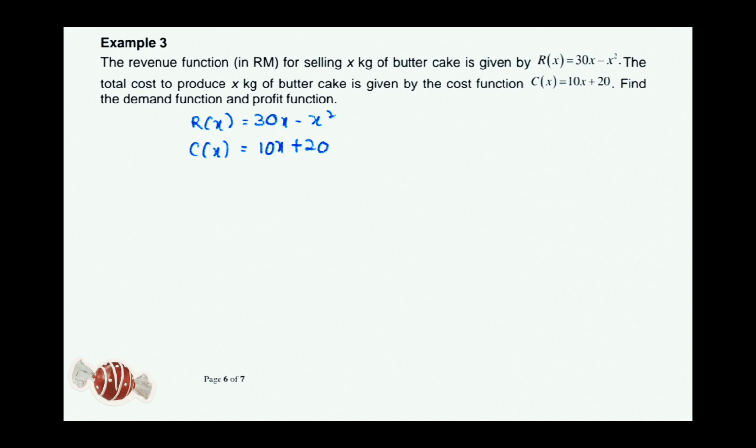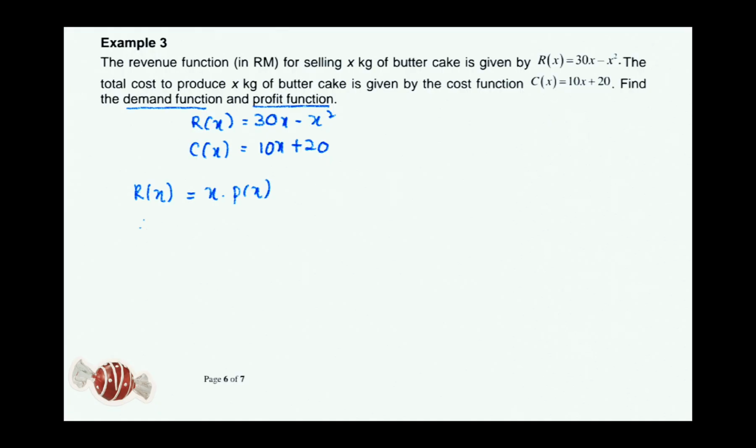So we have two questions here. The first one is to find the demand function, and next we have to find the profit function. First we find the demand function. How to find the demand function? We know that the revenue R of X is given by X, the quantity, times P of X, the demand function.